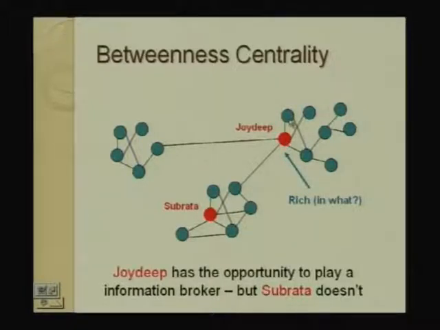Why? Because if you want to calculate the shortest path between any node here with any node here or here, that shortest path has to pass through this particular node. So naturally for all those nodes it gets a count of 1. So it has a very high betweenness centrality, and therefore it has a very advantageous position.